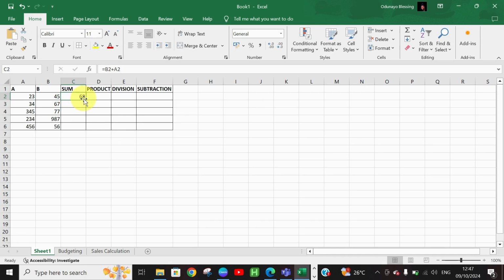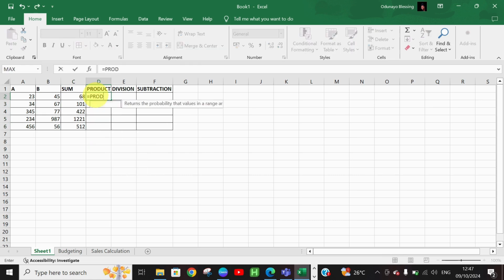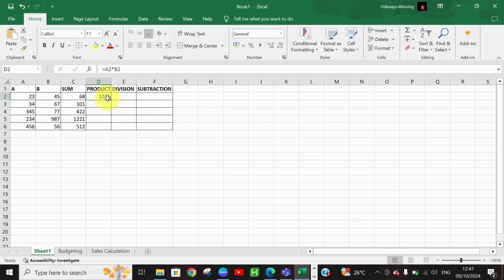For the product, equality sign product, open bracket, or let me follow the same pattern for now, A2 multiplied by B2. By the time I click on this, it also gives me the product downward.